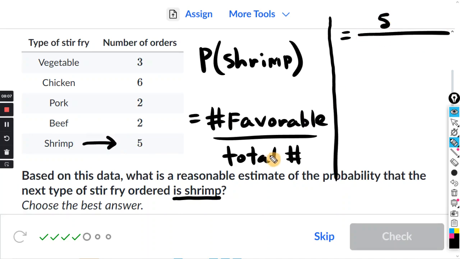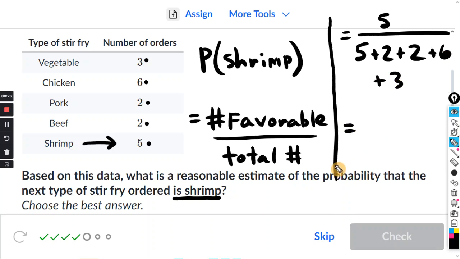The denominator is the total. It's going to be 5 plus 2 plus 2 plus 6 plus 3. Of course, I ran out of space, but that's all in the denominator. The numerator is 5. 5 plus 2 is 7, plus 2 is 9, plus 6 is 15, plus 3 is 18. So 5 over 18.